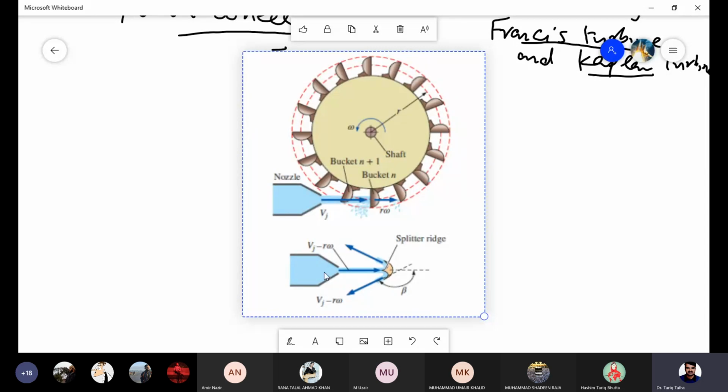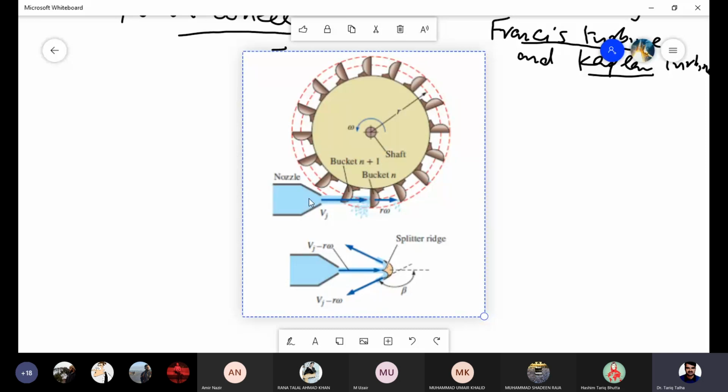But practically speaking, we cannot do that, because if it strikes the blade and then reverses, it is going to eventually strike the incoming jet. That is what we don't want. So this angle beta is normally between 150 and 165 degrees. It cannot be 180 degrees.